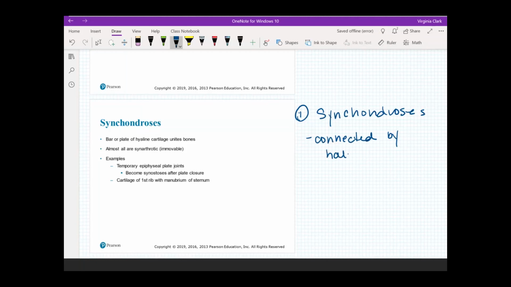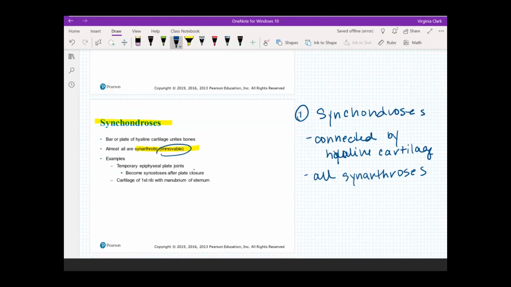And so this hyaline cartilage, as it's connecting these guys, it will make it immobile. So these are all going to be under the classification of a synarthrosis. So don't get confused with why a synchondrosis is a synarthrosis. Remember, synarthrosis is the functional classification. It is little to no movement.